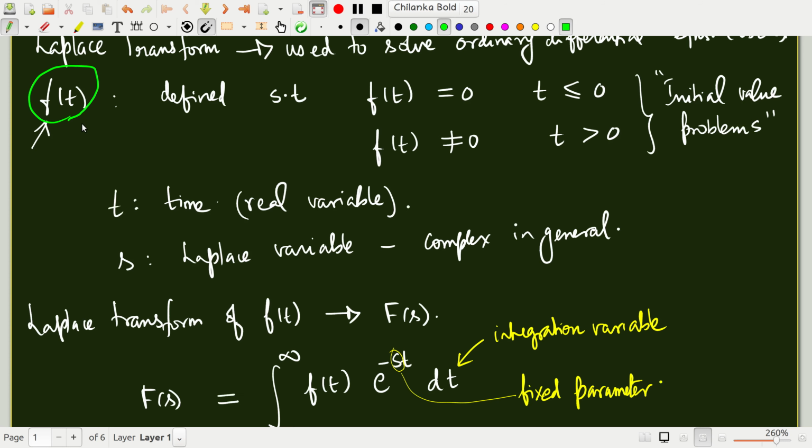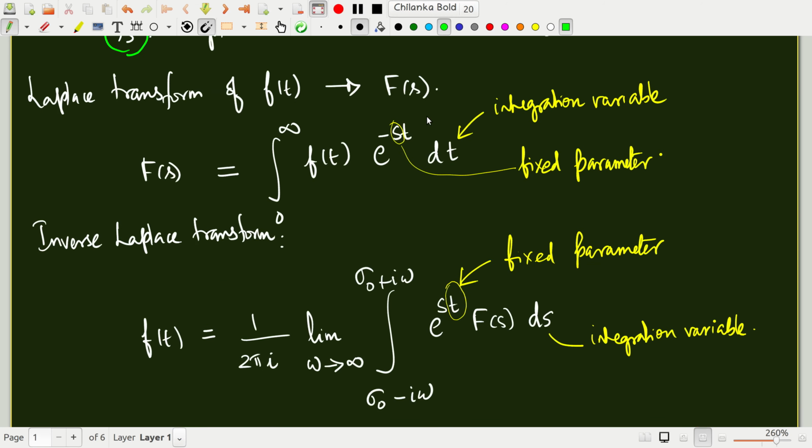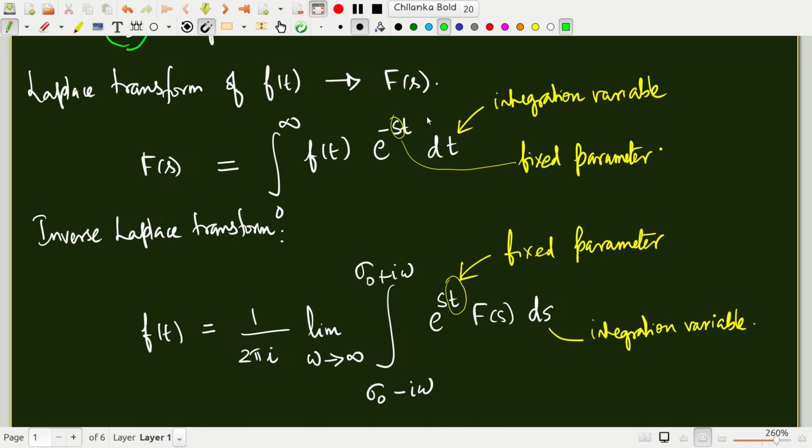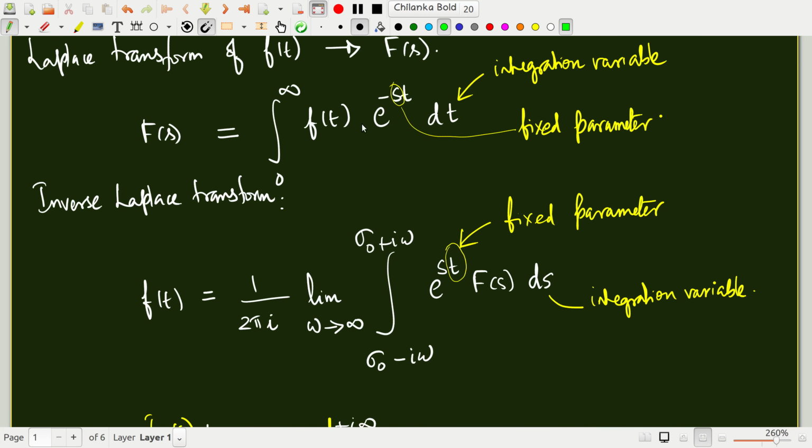Now t is usually time, because that is the usual independent variable in ordinary differential equations, and s is called the Laplace variable and it can be complex. T is usually real, whereas s can be complex. The Laplace transform of f of t is called capital F of s, and it is defined like this.